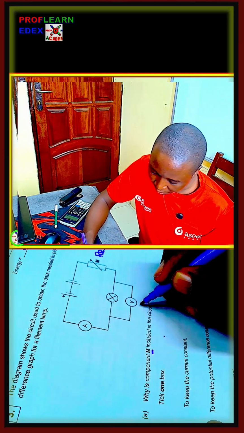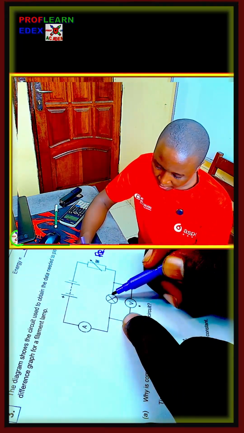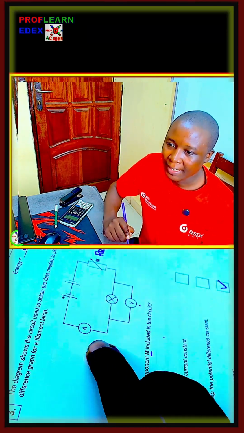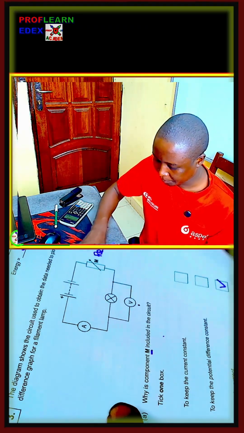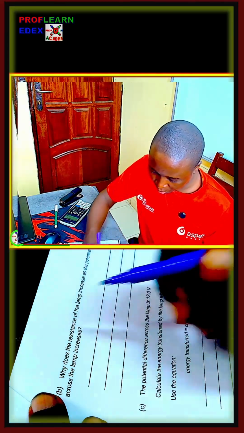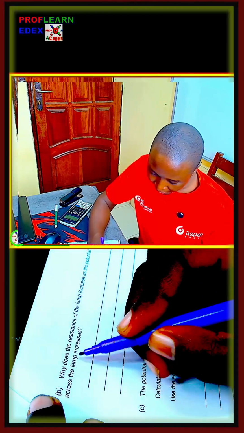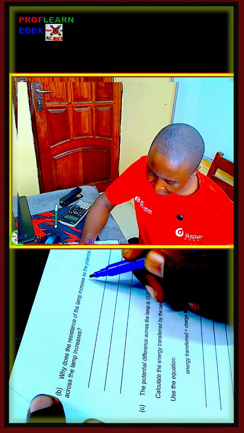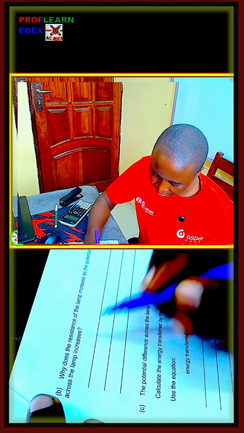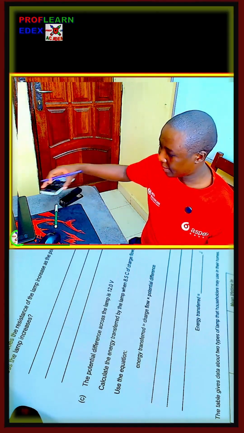This is called a voltmeter. This is a bulb. This is an ammeter, which is used to measure current. Looking at the next question: why does the resistance of the lamp increase as the potential difference across the lamp increases?